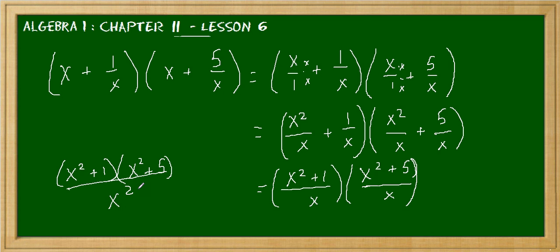Okay, so we have now x squared plus 1 as a binomial, and we have x squared plus 5 as a binomial all over x squared. Now if we multiply this out, we would end up with this expression. It's x to the 4th power plus 6x squared plus 5.